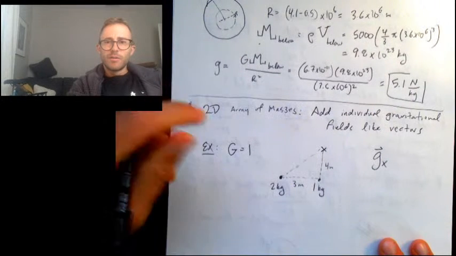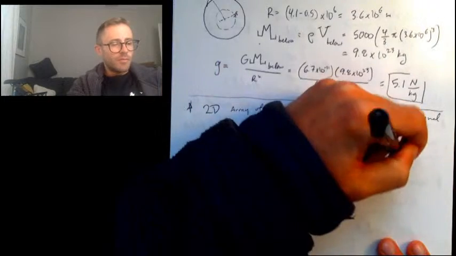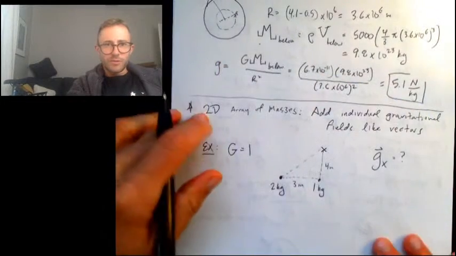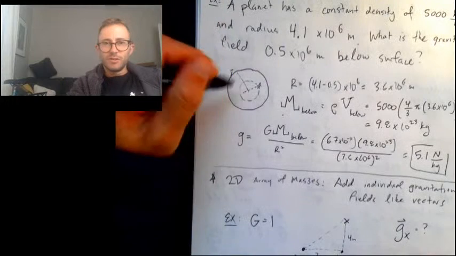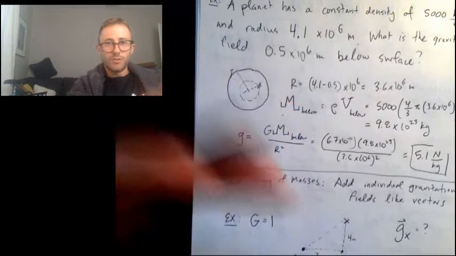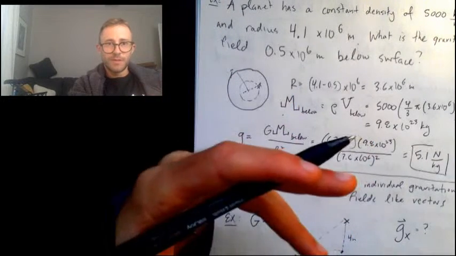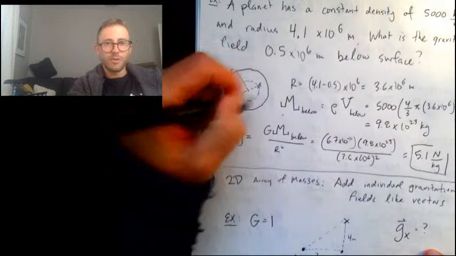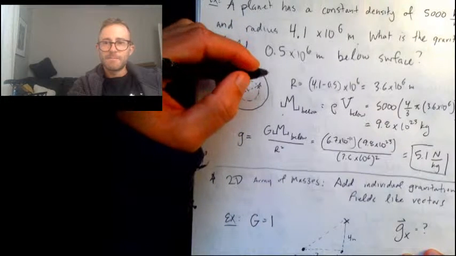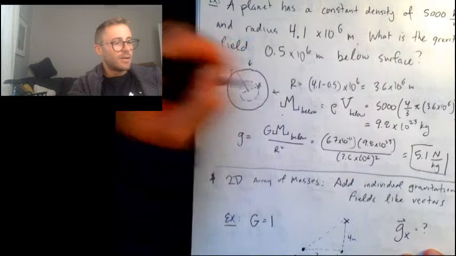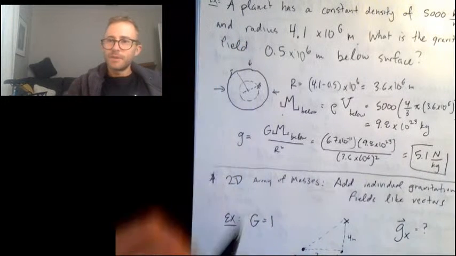Now, by the way, I should have talked about this, but the gravitational field of a spherically symmetric object always points towards the center of the object. So at all these different points, the gravitational field is pointing in to the center. It's a question.